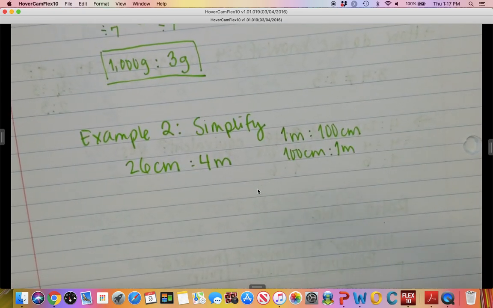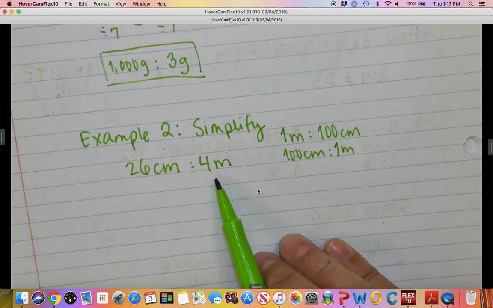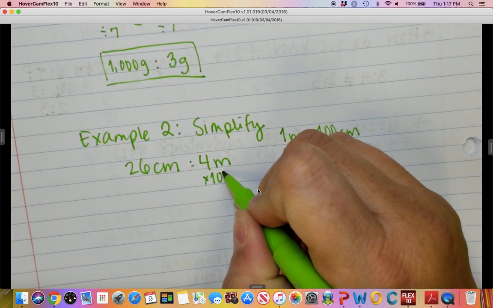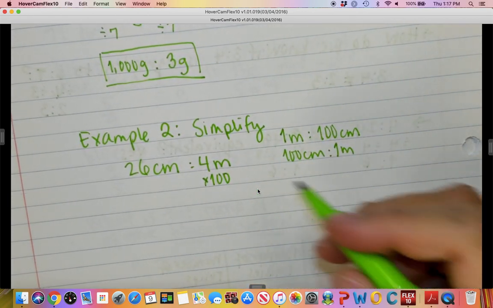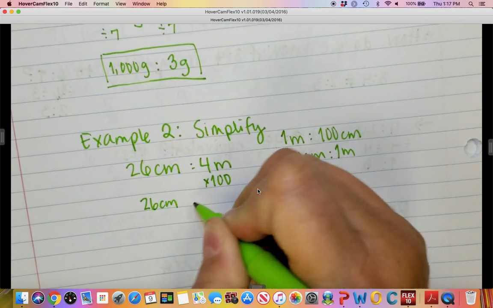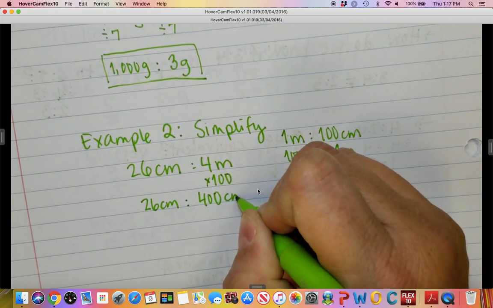So I'm going to turn my meters, which are bigger, into centimeters. So I'm going to multiply this by 100, and I'm going to get 26 centimeters for every 400 centimeters.